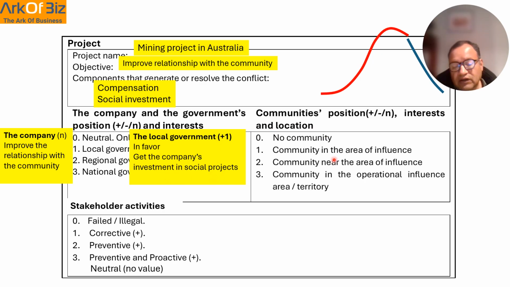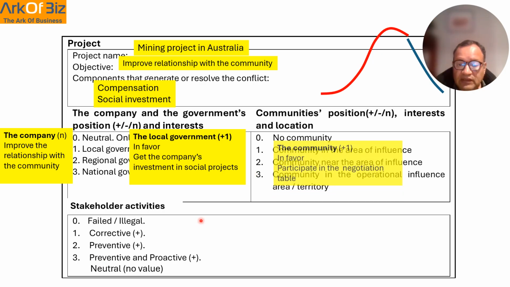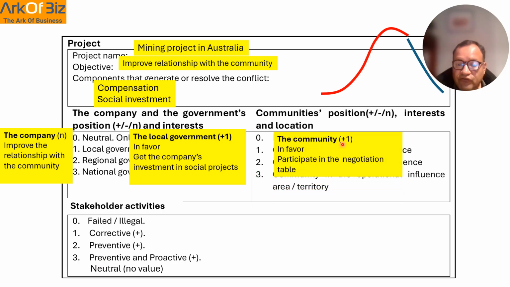Let's go to the community's position, interests, and location. So the community is inside the area of influence, so it has a value of 1. But in this case, the community is in favor of the company paying compensation. So the community is in favor, positive, and the location is inside the area of influence.